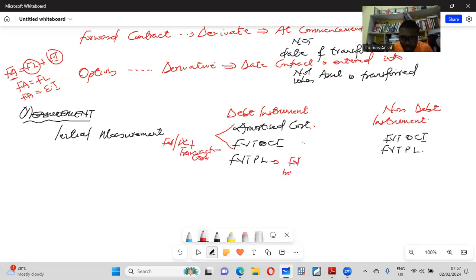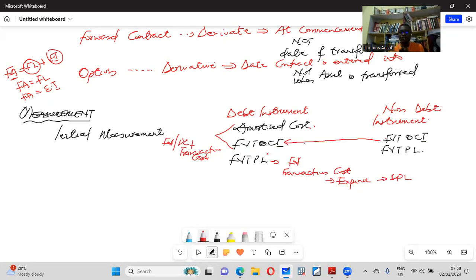In this case, the transaction cost is treated as what? An expense in the P&L. So you have to be very, very careful. Find out which one is it. Is it amortized cost or is it fair value through OCI or is it fair value through P&L? For all the fair value through OCI, that one, it is easy.